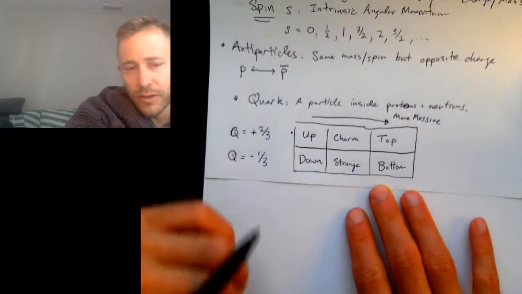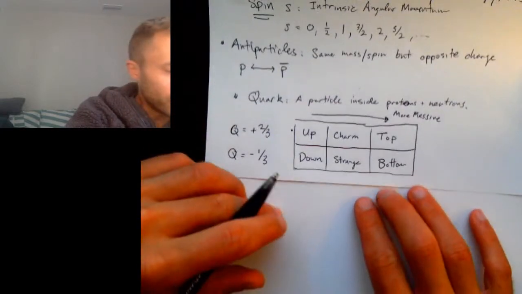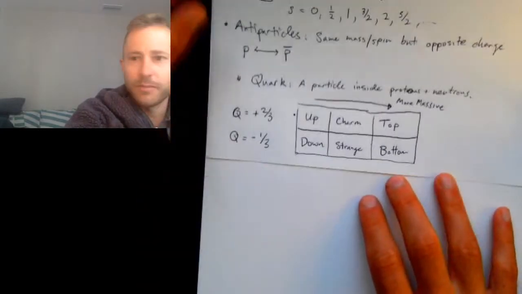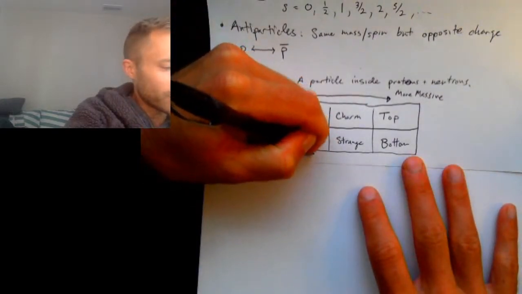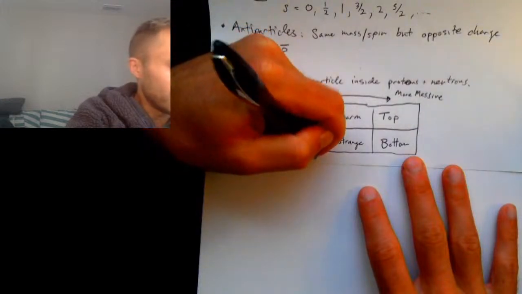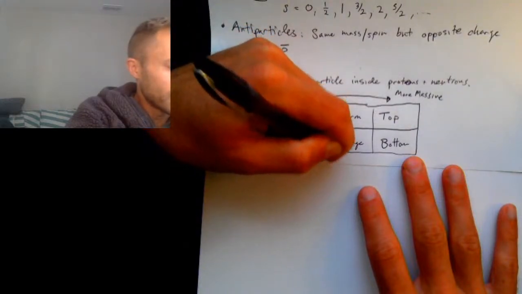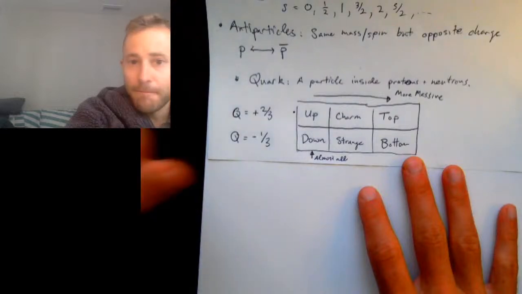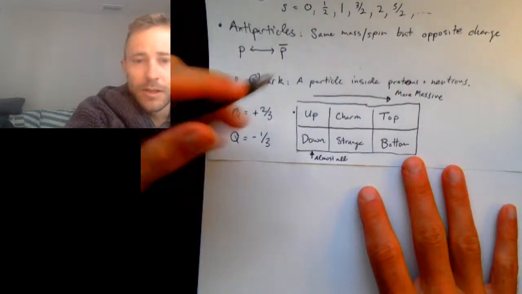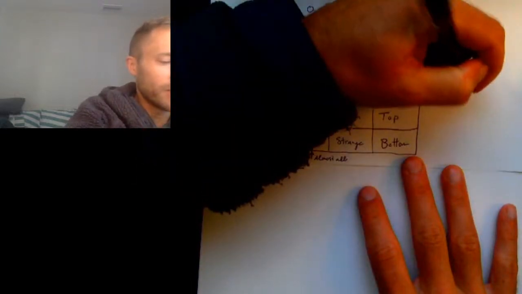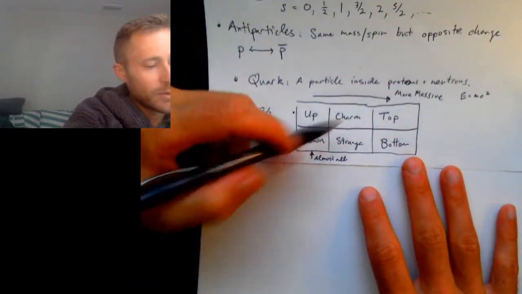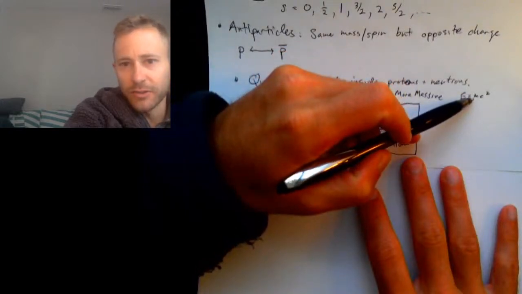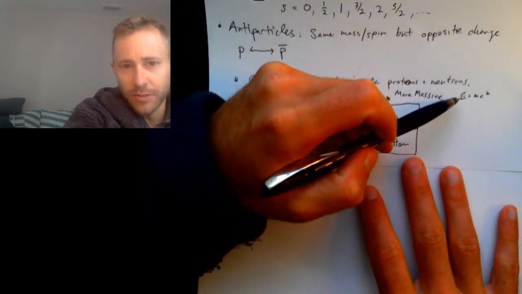Of the quarks in the universe, almost all of the quarks in the universe are up and down quarks. So almost all are up and down quarks. Why? Because E equals mc squared. So in order to produce quarks that have more mass, you need to have more energy.